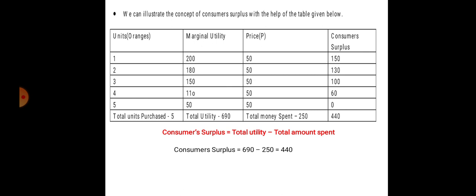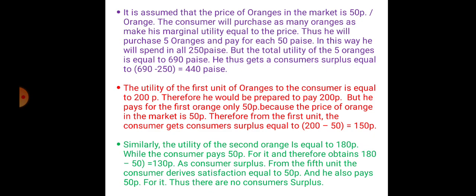So the total consumer surplus obtained is 440 paise. So what is the formula? Consumer surplus is equal to total utility minus total amount spent. So consumer surplus is equal to 690 minus 250, that is equal to 440 paise.